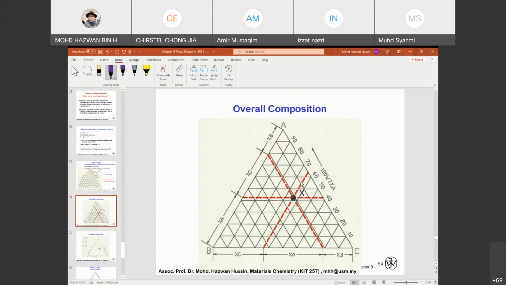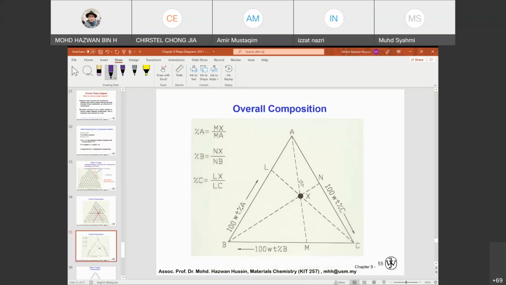For example, if you have a point X at a different composition, the overall composition is made up of a few percent of A, a few percent of B, and a few percent of C. All of this can be identified by looking at the length of each line.